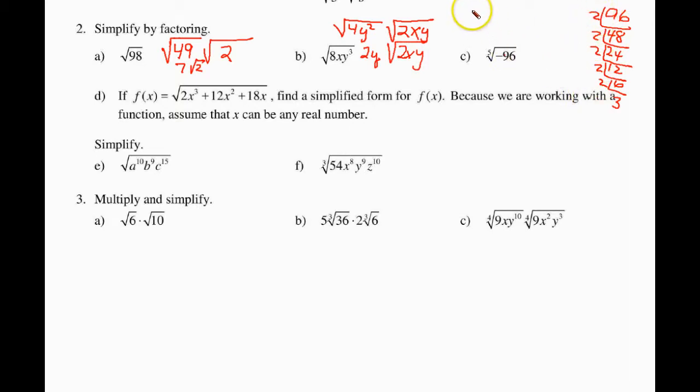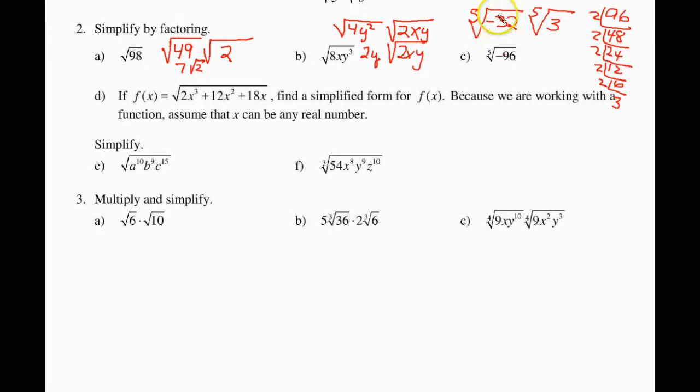What is 2 to the 5th? Well, 2 to the 5th is 32, times 3. And we can make this one negative.